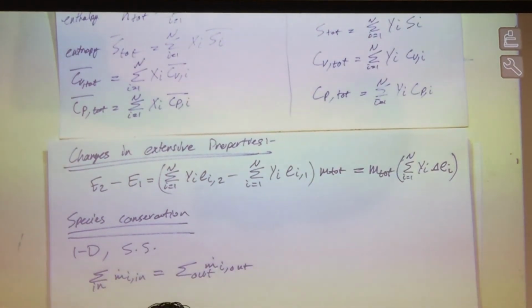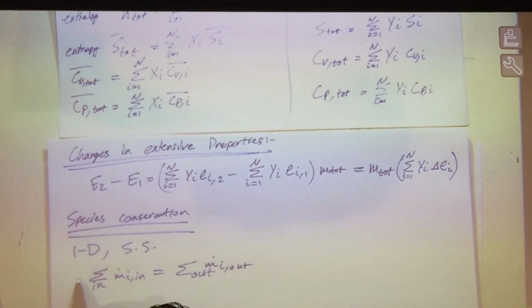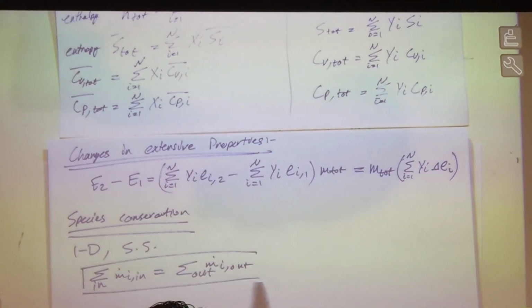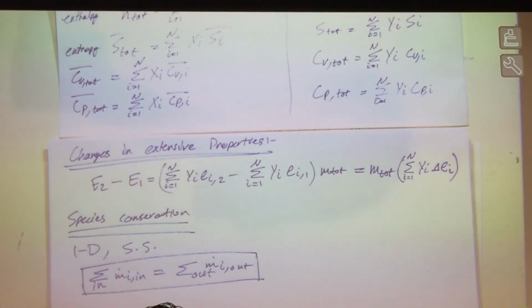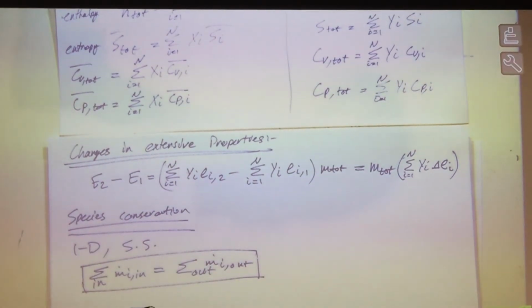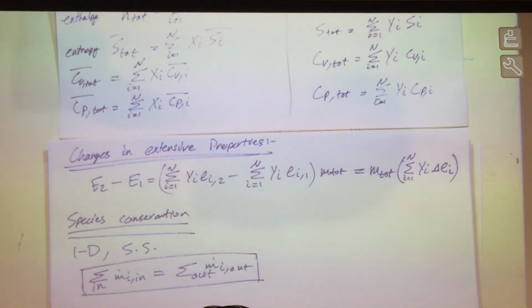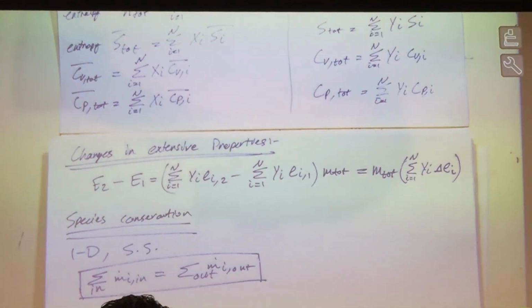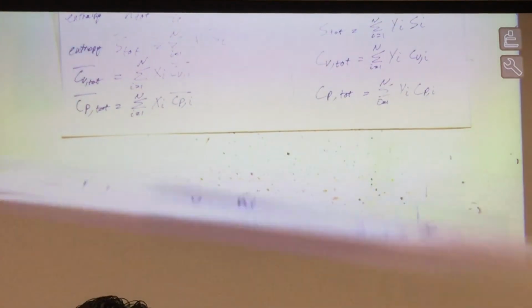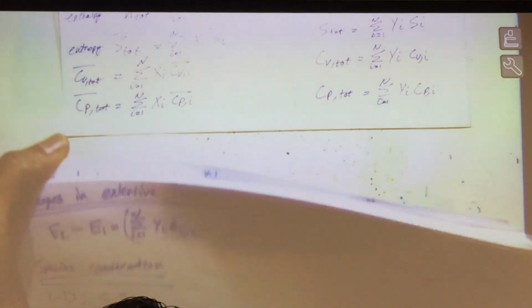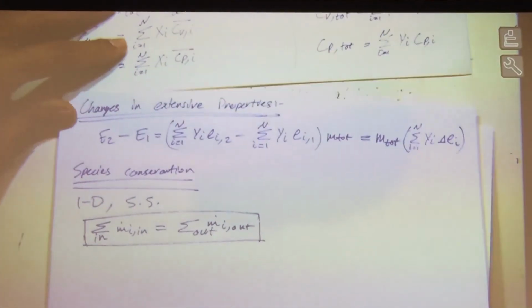It's conserved. I know it's too many equations, but let's do an example. I think it'll be clearer once we do the example. Any questions thus far?